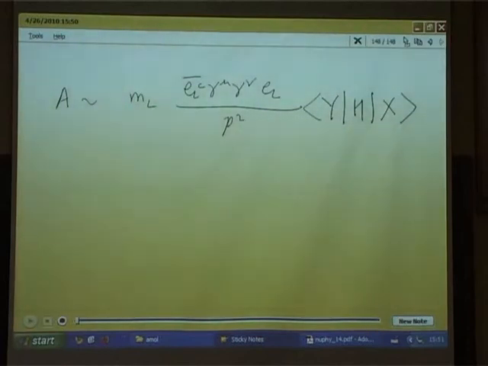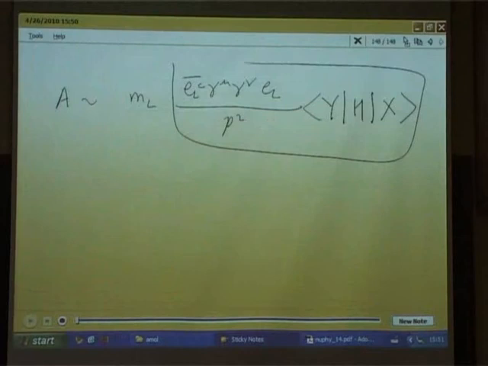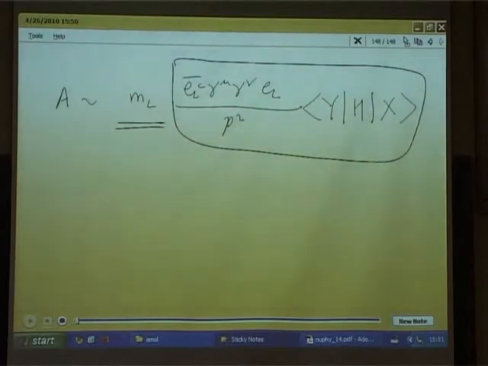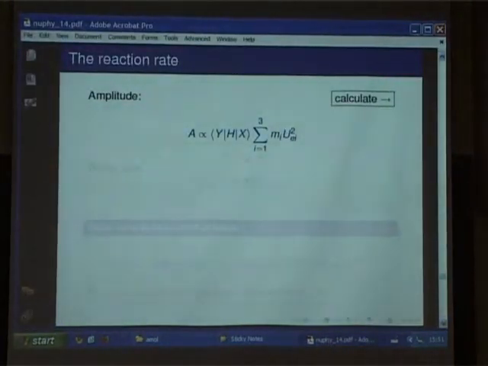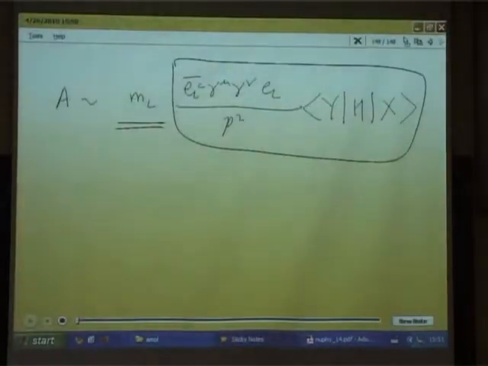I don't know. But I know that this is going to be proportional to Mn. What is Mn? Mn is the Majorana mass of the neutrino which is this. So A is therefore proportional to the Majorana mass of the neutrino.